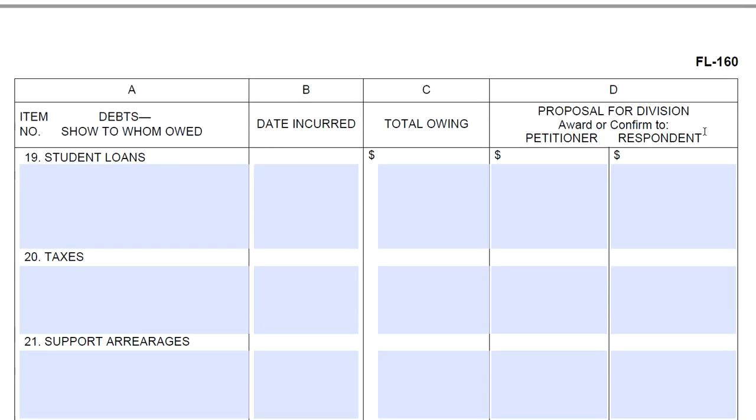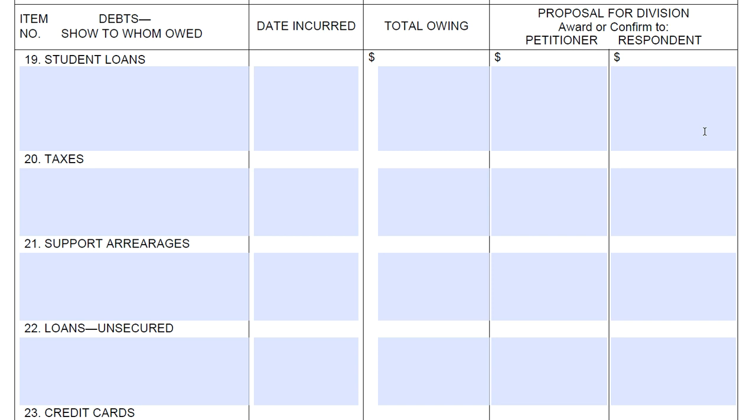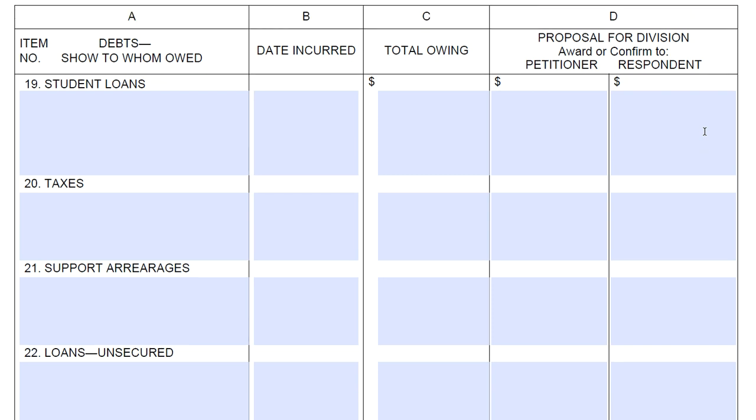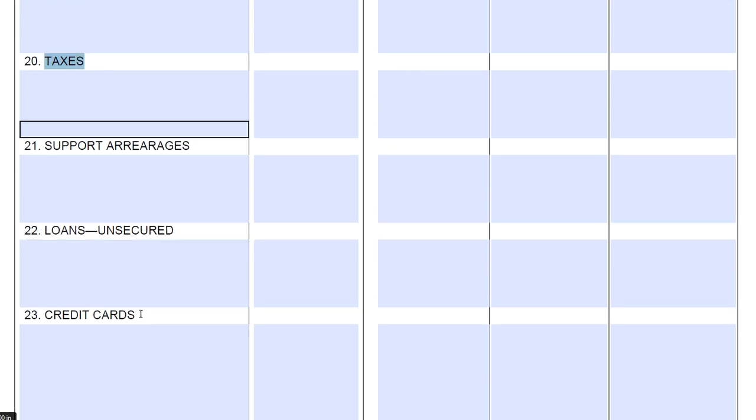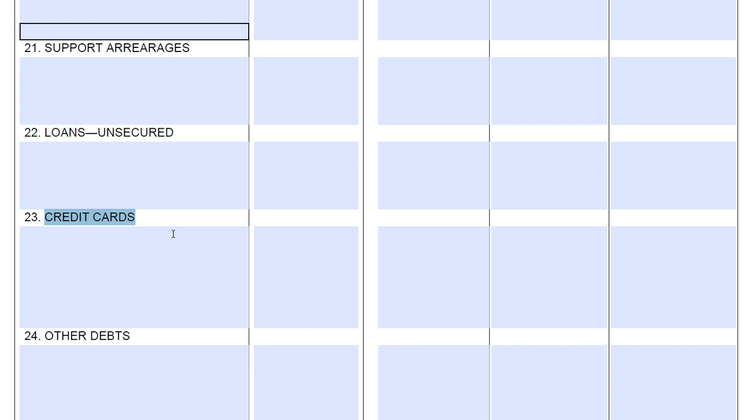Okay, let's scroll to page 3, which is important because on page 3 you can list out debts, for example student loans, if you owe back taxes, if you have credit cards, you can identify what those amounts are.